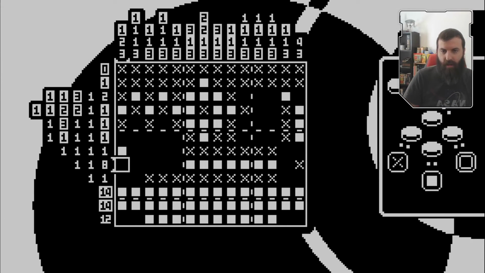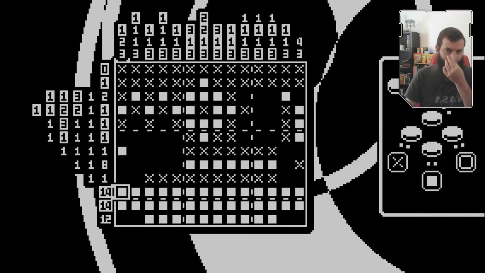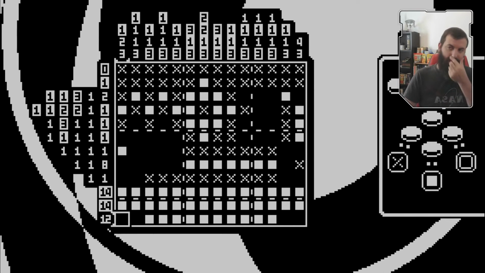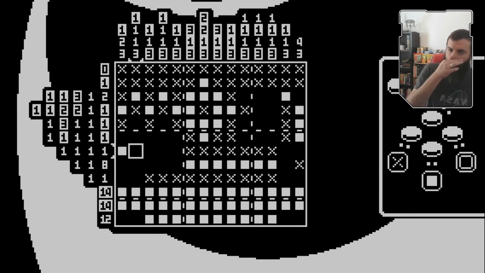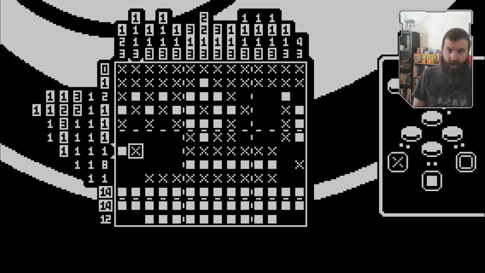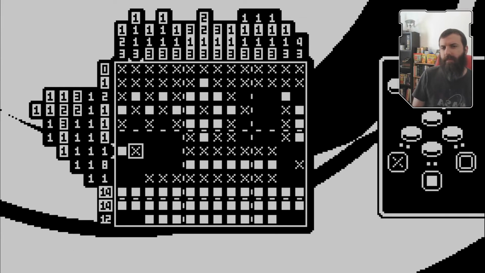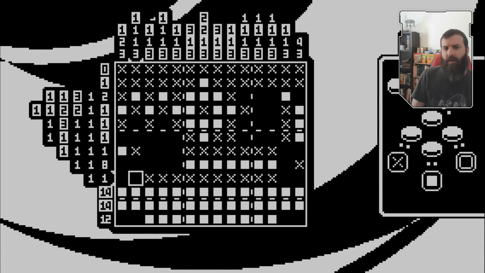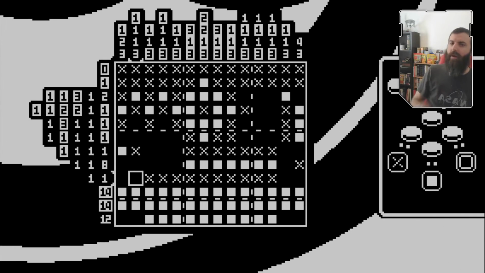The question now is, does the 2 come down to here or not? Are there 2 spaces between it and the 3? And if there are, that forces the 3 down, or the 3 might come up. That gives us a horizontal 1 that we can go ahead and close off. Which I think we can extrapolate. Yeah, we can extrapolate out from that.